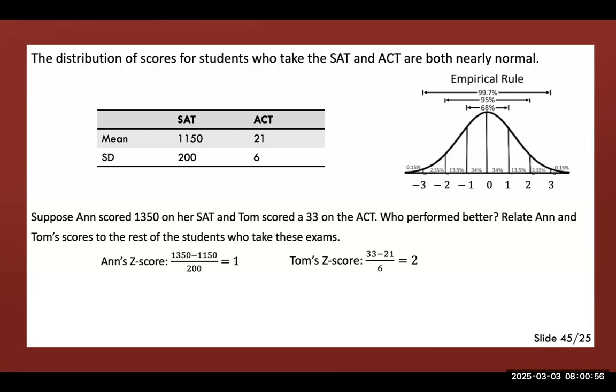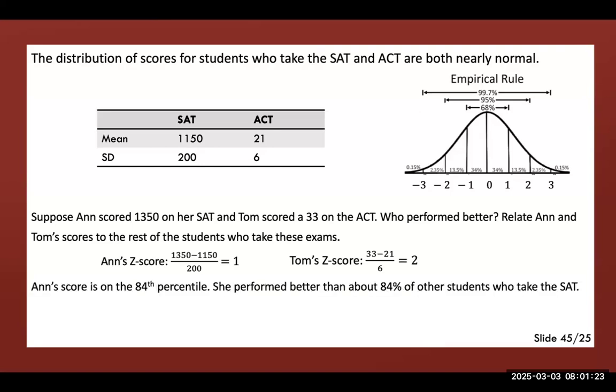The z-score is the number of standard deviations above the mean. So Tom is 2 standard deviations above the mean, while Anne is 1 standard deviation above the mean. You can use that formula I just showed you, x minus mu divided by sigma. But for this problem, you can also just logically think about it. You're going to get the same answer.